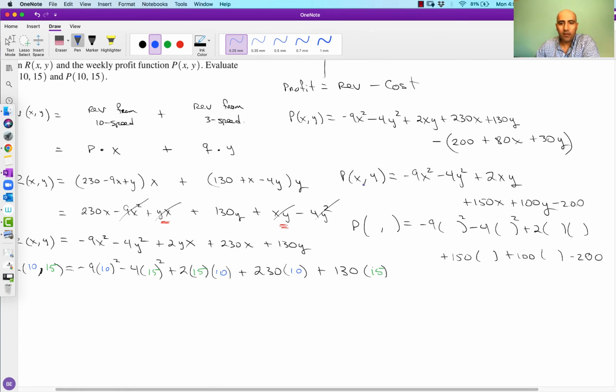So if we let x equal to 10, there, 10, 10 over there, and then 150 times 10. Okay. And then y was 15, put a 15 there, 15 there, 15 there, and a 15 there. And again, now you can just use technology to figure them out.